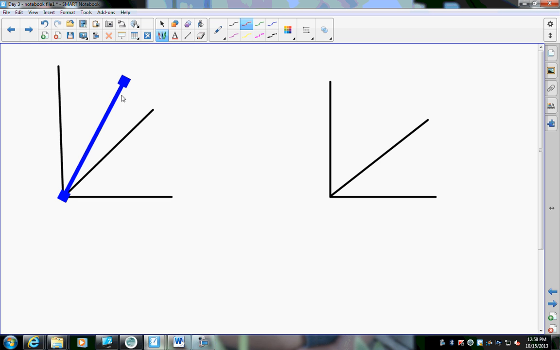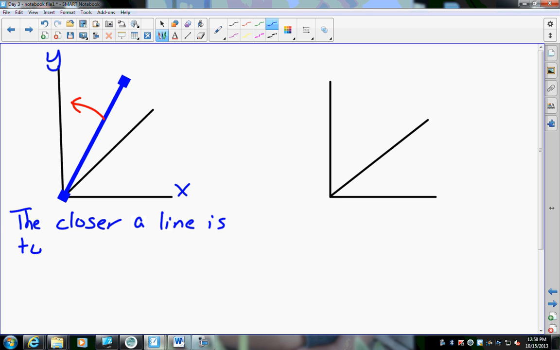The closer the new line is to the y-axis, the steeper the line. So the closer a line is to the y-axis, the steeper the line.